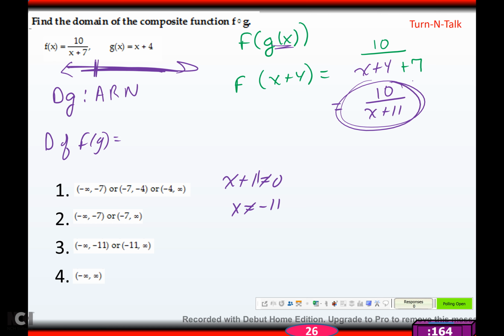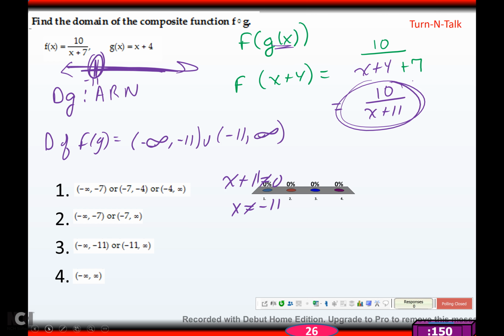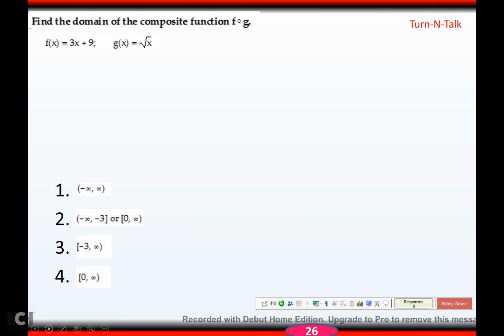So you've got this number line that has everything, but at negative 11 I have to make a hole, which means my domain of the function goes from negative infinity to negative 11, union negative 11 to infinity. Okay, you try this one, hit pause, come back when you're ready.